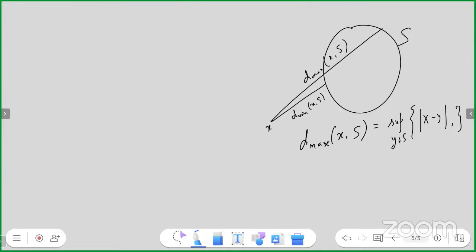And so this will be the perpendicular distance to that hyperplane. Yeah, whatever you said is correct. But why does it imply anything about d min?